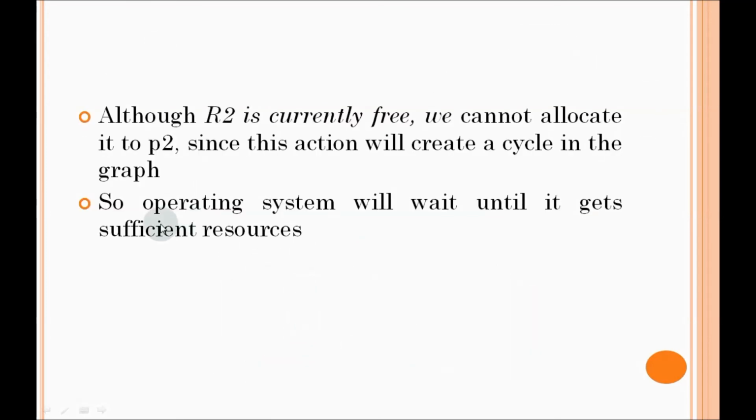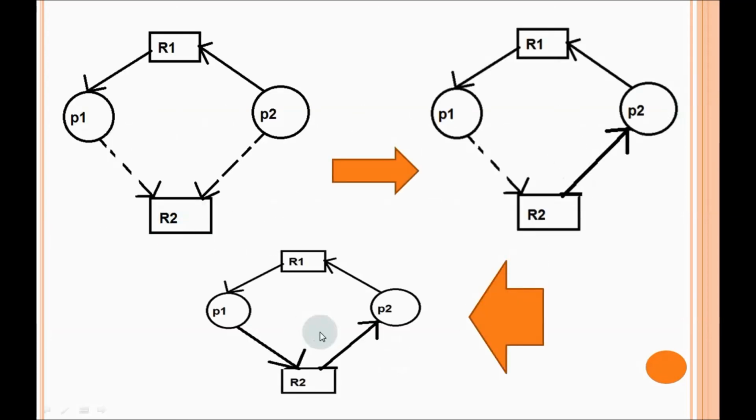So what should it do? The operating system should wait until it gets sufficient resources. Once the operating system gets the sufficient resources, it can allocate them to the particular process. It should not move from a safe state to an unsafe state. It should stay in a safe state.